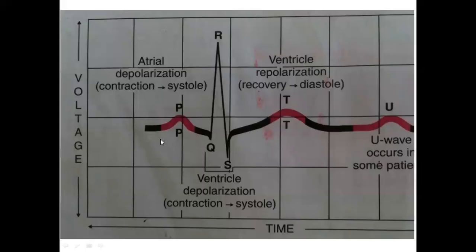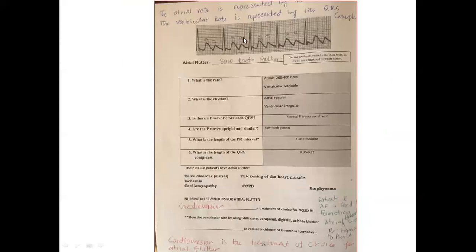So in case of atrial flutter, I said there are two P waves side by side, and two P waves after every QRS complex is the typical finding of atrial flutter, and they look like a saw-teeth pattern. So the saw-teeth pattern distinguishes atrial flutter.